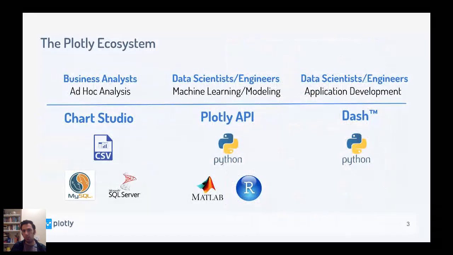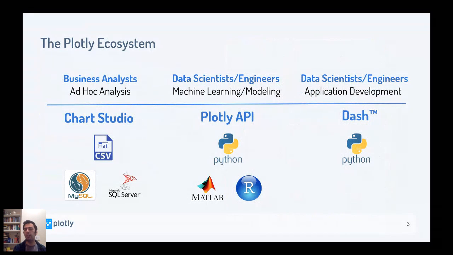And one of the best ways of thinking about Plotly is to think of it as an ecosystem. There are really an endless number of ways that you could use Plotly. You could go online and use the Chart Studio, just connect to databases, upload CSVs, and edit charts using a GUI.